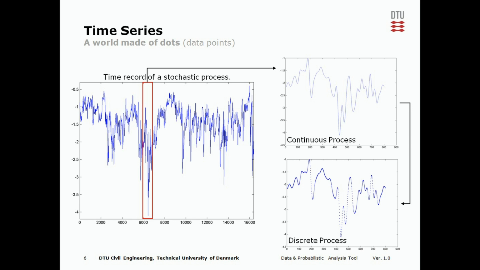That means the continuous line we have in mind when looking at the time history consists of individual data points. The quality of the record depends on how fast we have sampled the phenomenon, so that all the features contained in nature or in the simulation are represented by the data set we are using for our analysis.